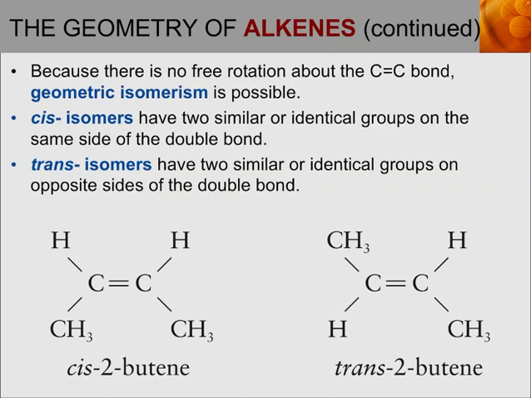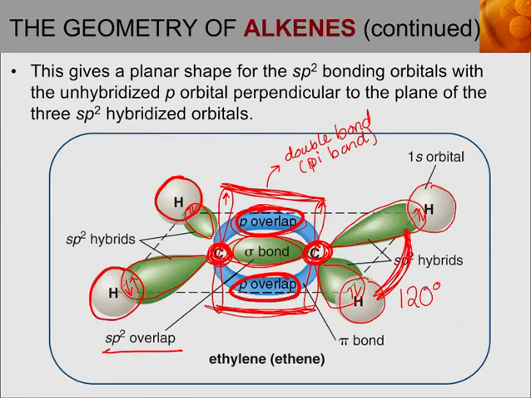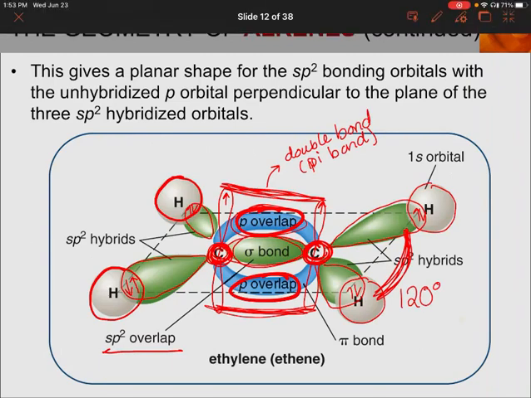All right, so there is one other aspect of the geometry of alkenes that we need to talk about. Remember with alkanes, we said that cycloalkanes can't rotate their bonds because all of the carbon atoms are in a ring structure, so they're limited in how they can move. It's kind of the same with double bonds. Double bonds are really strong compared to single bonds. If we go back to this crazy picture here, let me make it a little less messy.